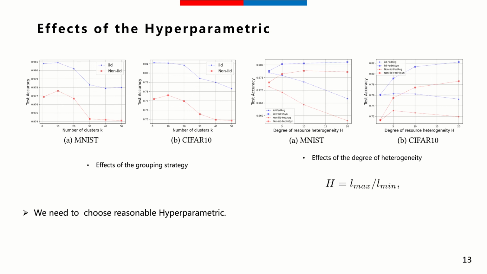As shown in the figure, when the number of clusters is set as 1, 10, 20, 30, 40, and 50, respectively, the final model accuracy of FedHiSyn first increases and then decreases, and the highest accuracy is obtained when the number of classes is set at 10.